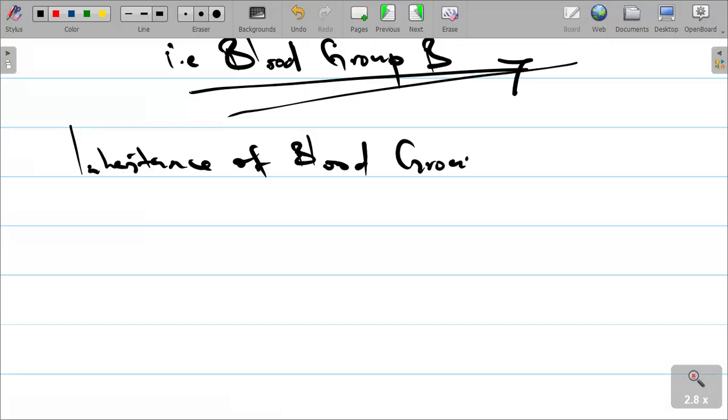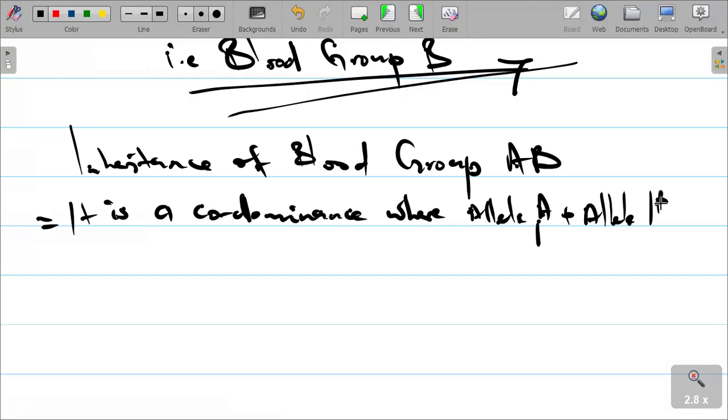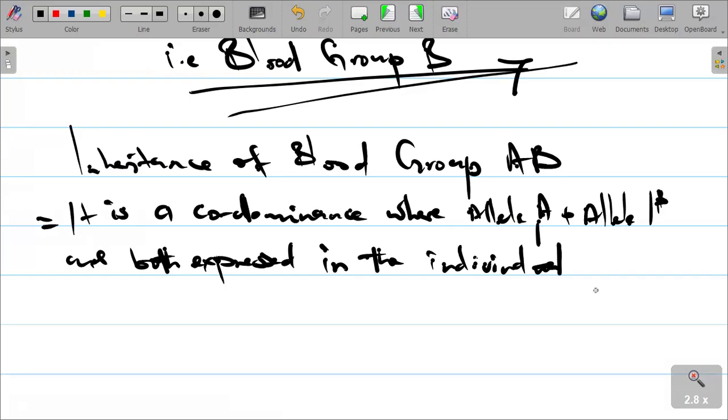Blood group AB. The inheritance of blood group AB, we need to understand that this is codominance, where allele A and allele B are both expressed in the individual, resulting in blood group AB.